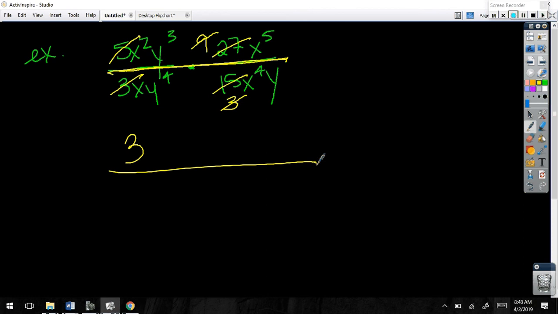When you're multiplying across, you add the exponents, right? So x squared and x to the 5th is what? Look, I'm not saying you have to simplify the numbers in front the way I did.